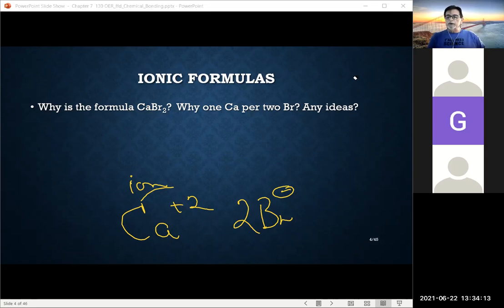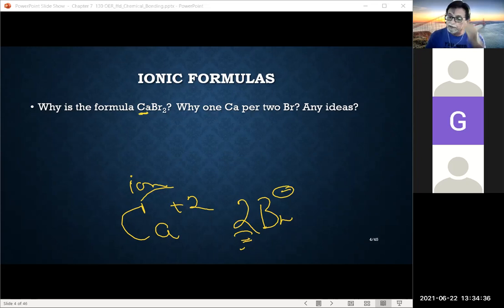That 2 sitting right there in front of the bromide becomes the subscript, which tells you that calcium has 2 bromides attached to it. Calcium is the central atom here.